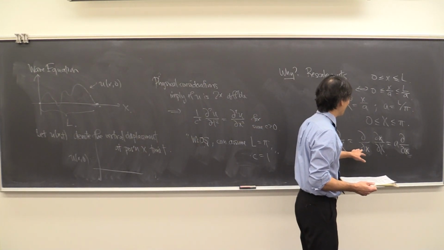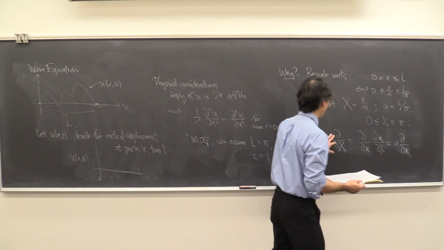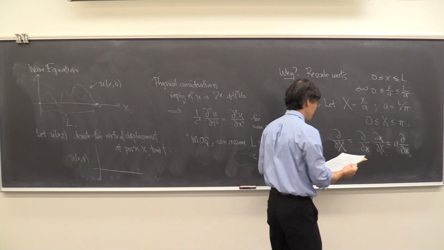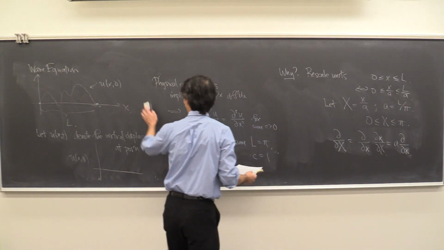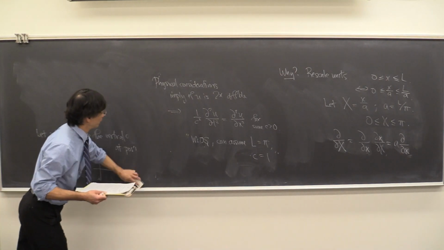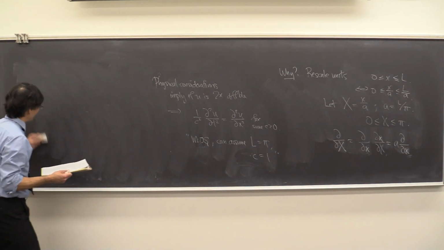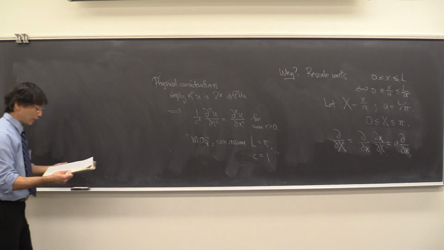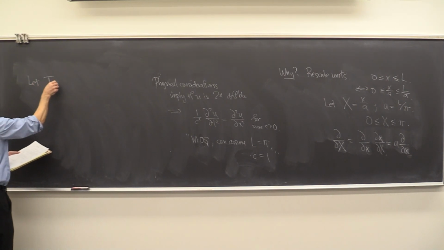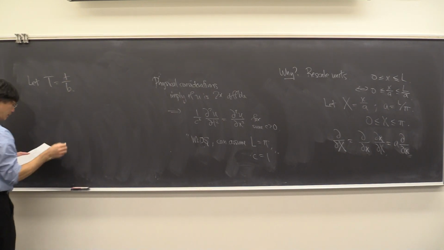I guess this makes it easier for me because then anyway, you get this. Okay. Right. So that's one thing. The second thing we do is we let capital T be t over b.